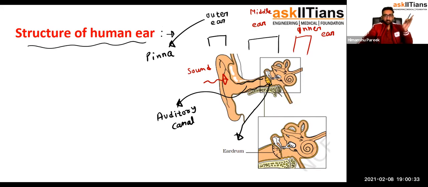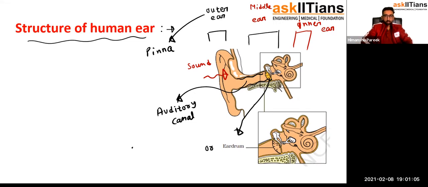Pinna, from where it will enter, and after entering through the pinna it will go into the middle ear part, and the first thing it will encounter is the membrane, the eardrum basically. At the end of this auditory canal, we have the membrane, or we can call it an eardrum, or there is a very specific name also for this. It is called the tympanic membrane.